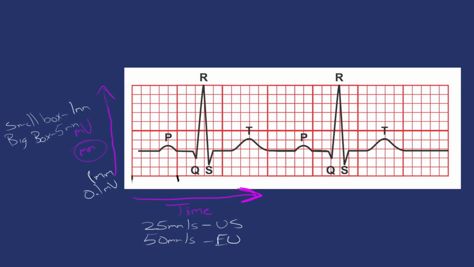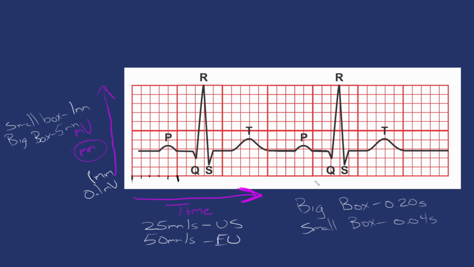If you're looking at a 50 mil, at that point just divide these by 2. So each big box for time is going to be 0.2 seconds. Each small box, because this is divided by 5, is going to be 0.04 seconds. Alright.